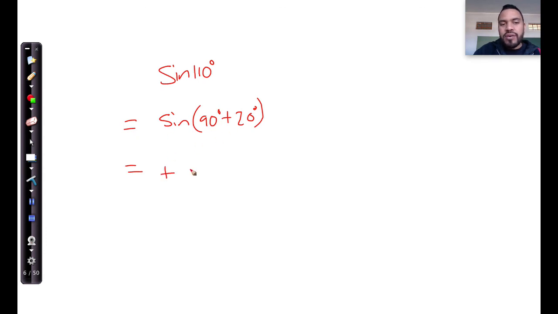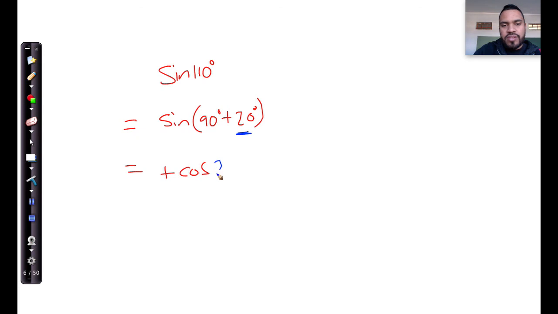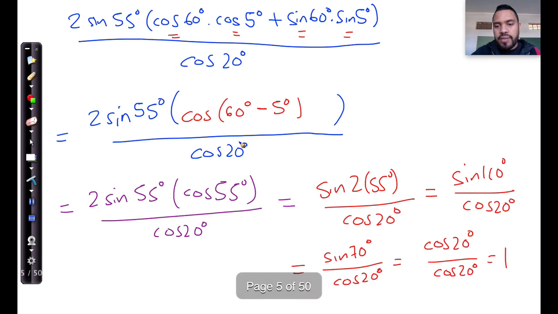I then use the co-ratio, which is cos, and I take the argument, or the parameter, theta, and use that. So this also shows that sine 110 is equal to cos of 20, using the co-ratio, and that shows me that I get a solution of 1.